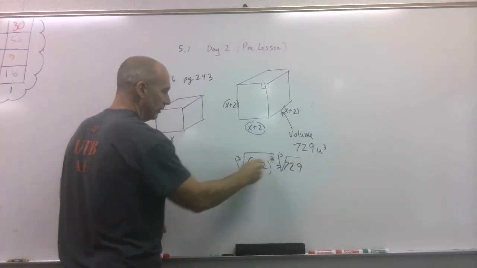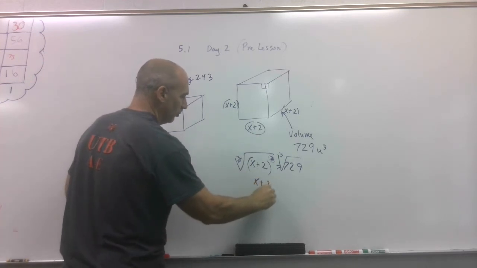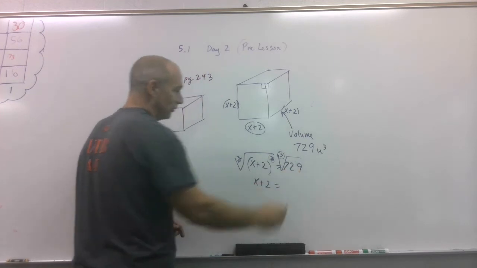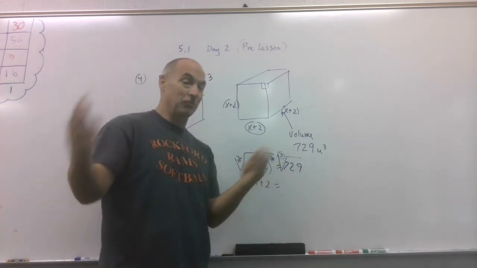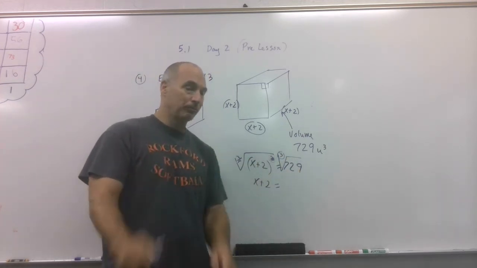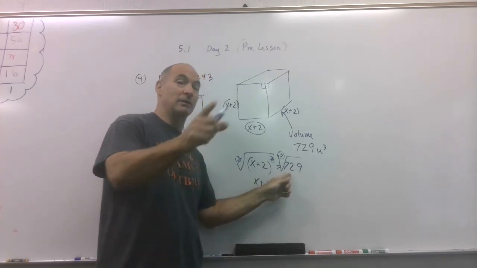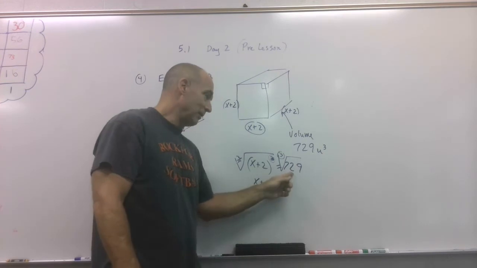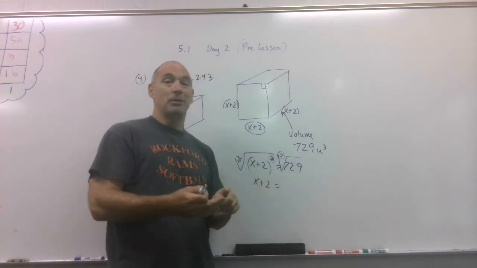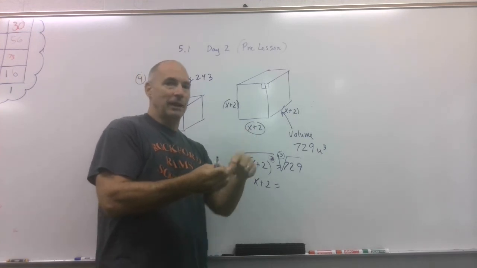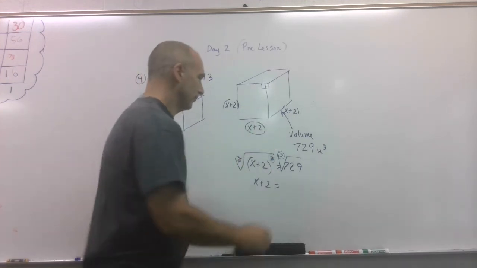So x plus 2 equals the cubic root of 729, which was actually one of the samples I ironically picked, and it was random, as one of your perfect cubic roots, because 9 times 9 times 9. And you're like, how am I supposed to know that? Well, you might have to climb the ladder. Go 7 times 7 times 7, 8 times 8 times 8, 9 times 9 times 9, and then all of a sudden, boom, got it. So that'd be 9.